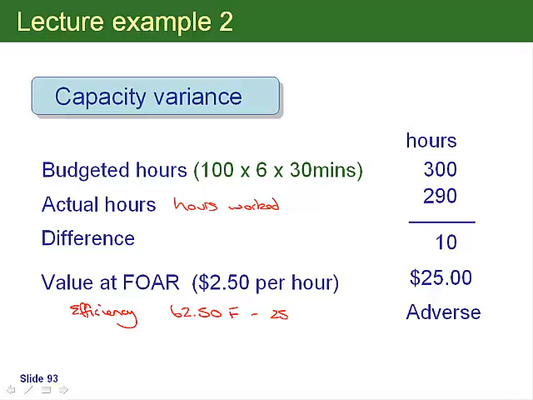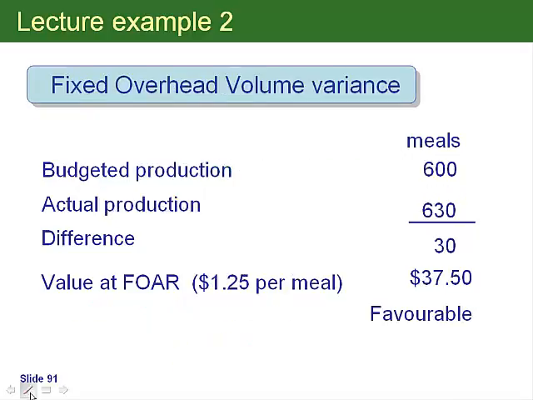So if I take away the 25 adverse from that, that gives me a rate of 37.50, and that should be the amount of our volume variance. So if we just check back to that, we can see there is our 37.50 favourable volume variance.